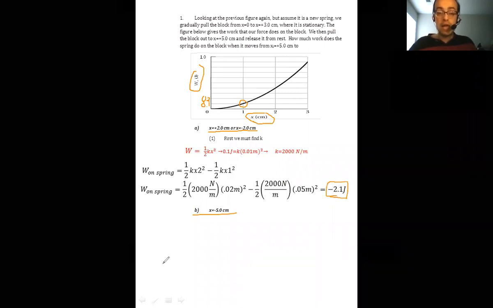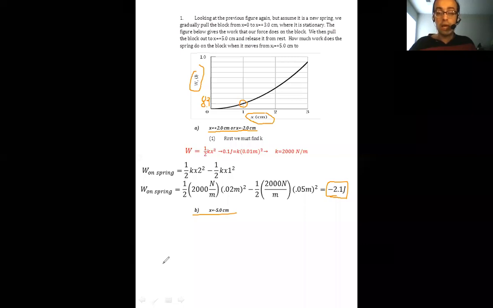But that's not asking us for the work that's done on the spring. It's asking us for the work that is done by the spring. And we remember that the work done on the spring is equal in magnitude but opposite in sign to the work that is done by the spring. Again, remember that the force of the spring and the force externally applied on the spring are opposite in sign but equal in magnitude.